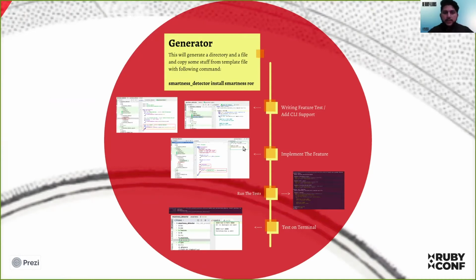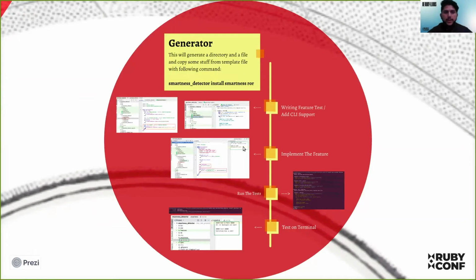Most gems have some command that you run and they create some files, template files and configuration for us, so the user of the gem doesn't have to type that in manually. So we will create a generator for our gem too.